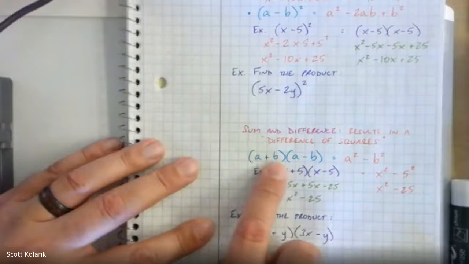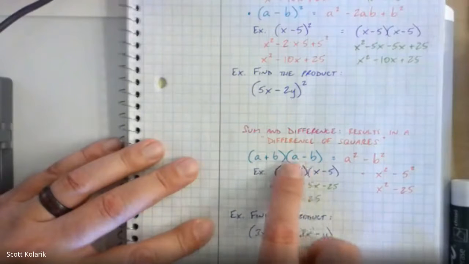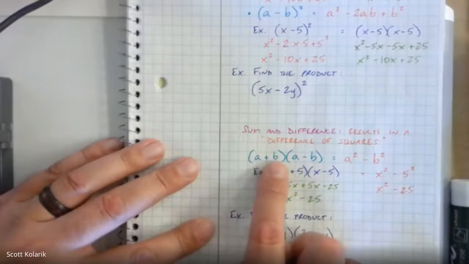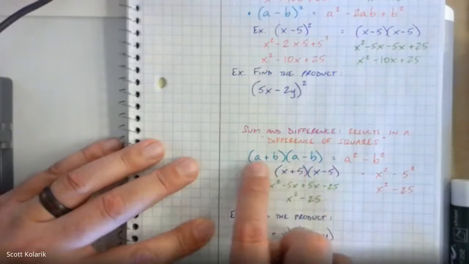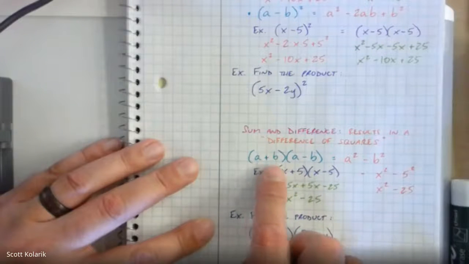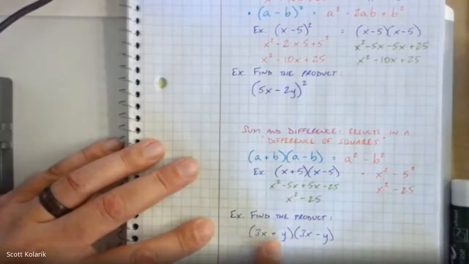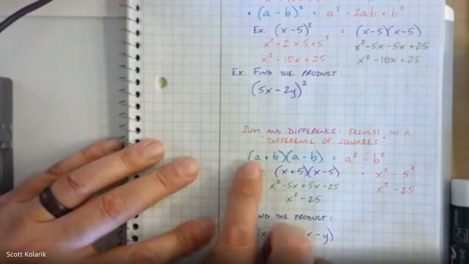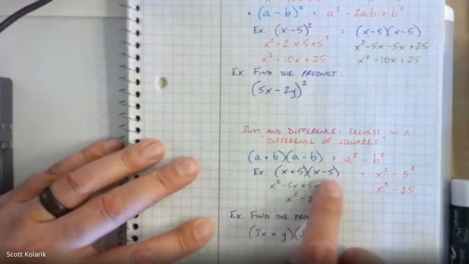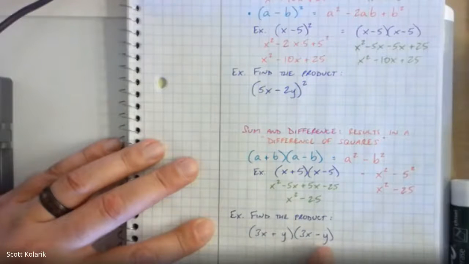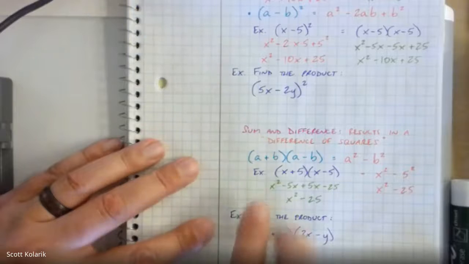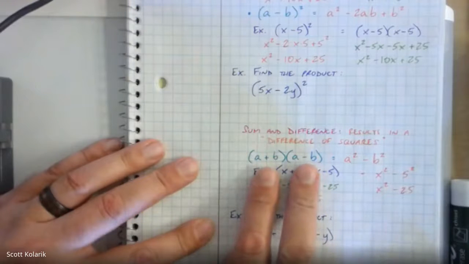I'm going to have the same two objects in each parentheses. They'll both be binomials again. So I'll have the same two objects, a and b, whatever a and b are, whether it's as simple as x and 5 or as complicated as 3x and y. It doesn't matter. But I'll have the same two objects in each parentheses. And the reason we call it a sum and difference is because of the signs in the middle.